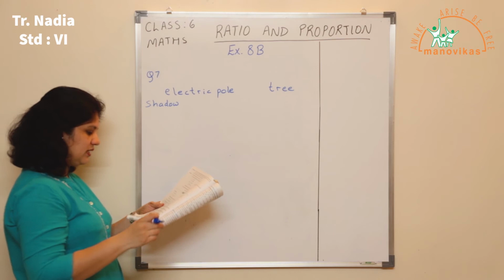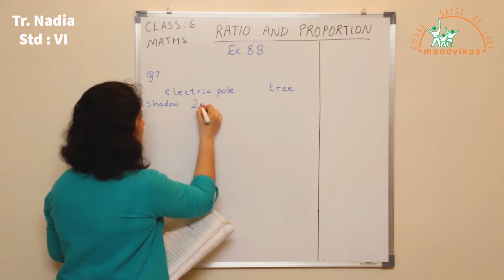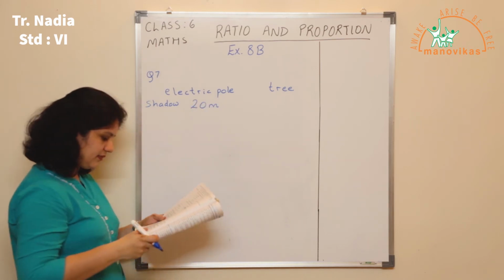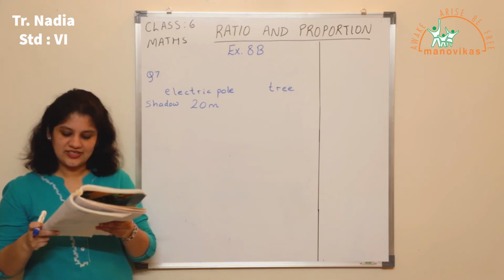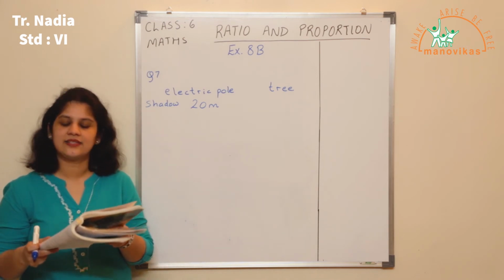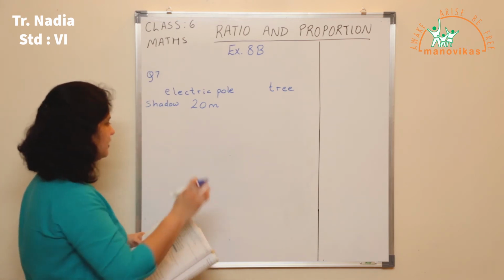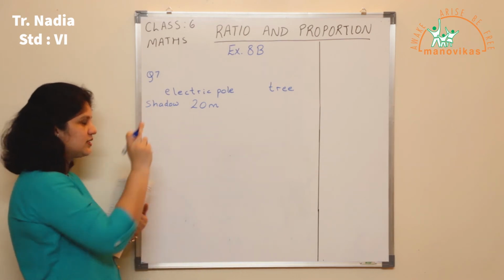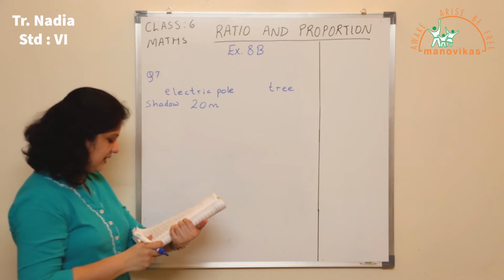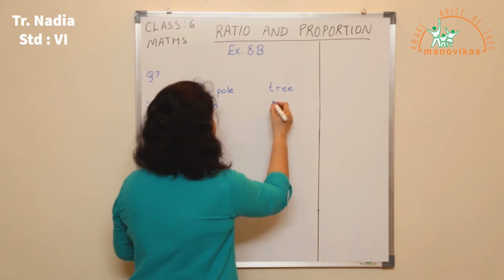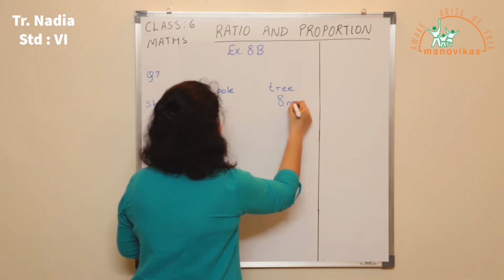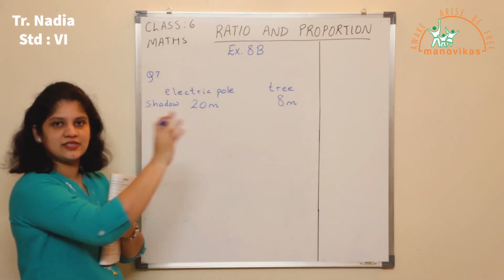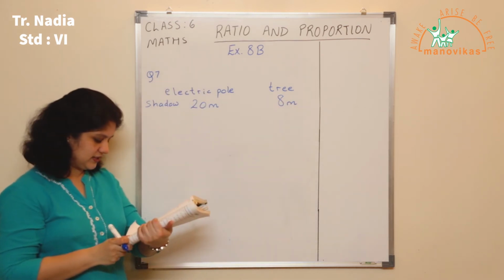At a given time, the electric pole's shadow is 20 meters in length and the tree's shadow is 8 meters in length. So this is the length of their shadows.